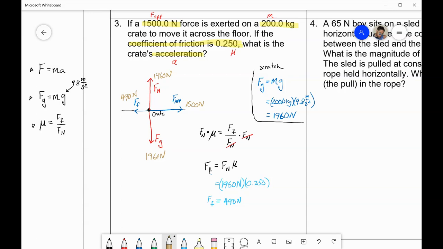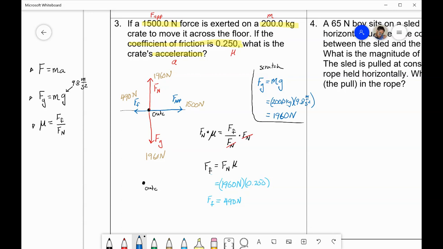So what is the total force on this object? If I was to redraw this kind of free body diagram with just the total force on the object, here's my crate again. And my gravity and my normal force cancel out, so they're not there anymore. And my force of friction and my applied force don't cancel out entirely.